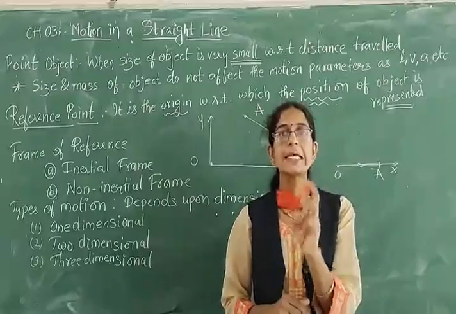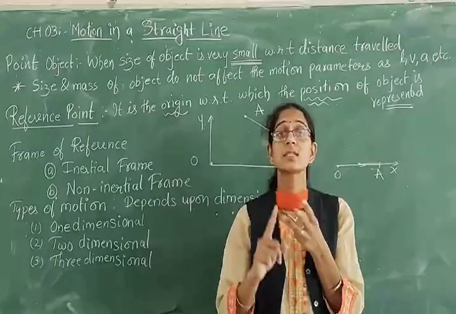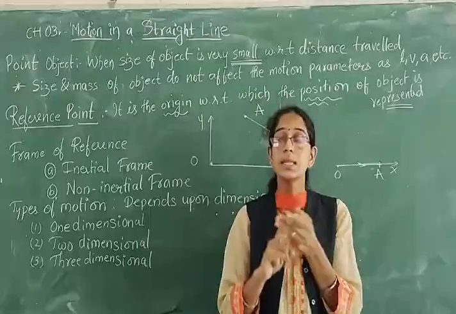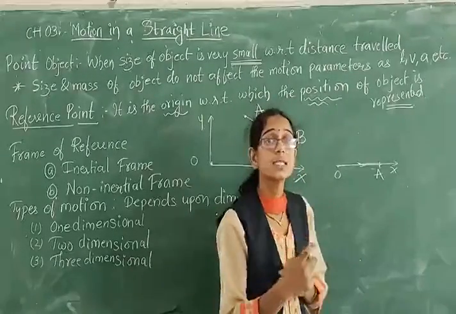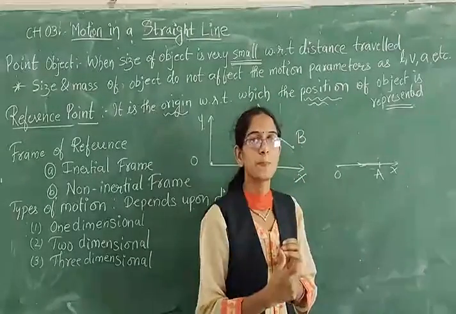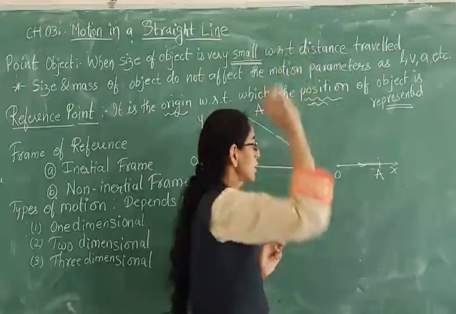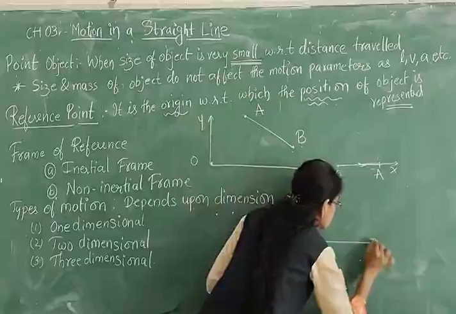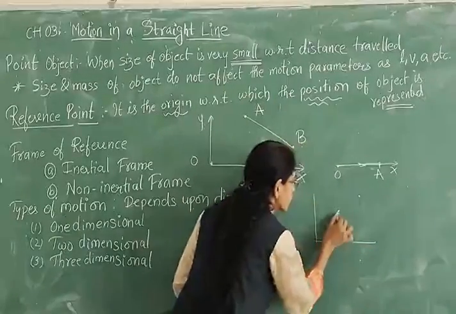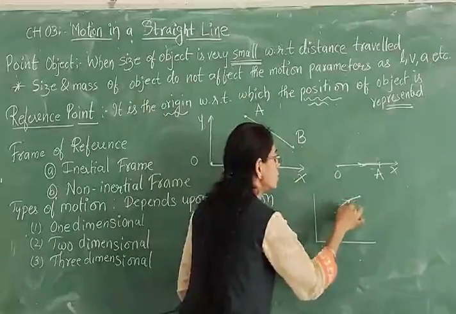And the third one is a three-dimensional motion, wherein to represent the motion of such objects, we require how many dimensions? Three dimensions, x, y, z. Means in this case, the object is moving in a space. So, I throw an object here. Now that object lies at a particular position. It moves from here to here. This is the direction of motion of the object.